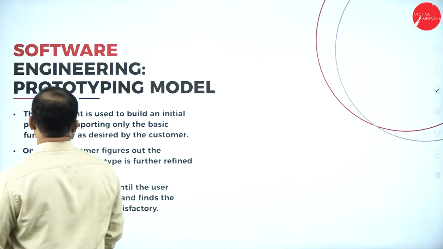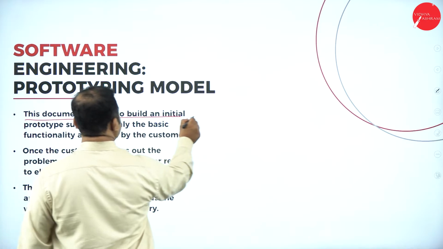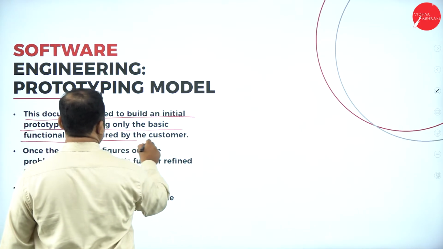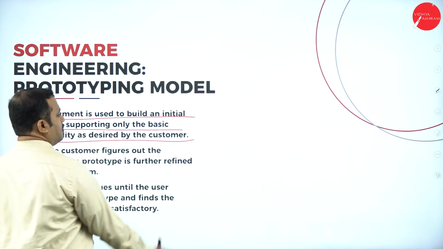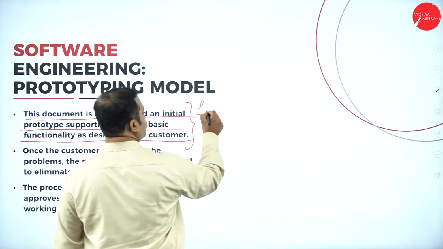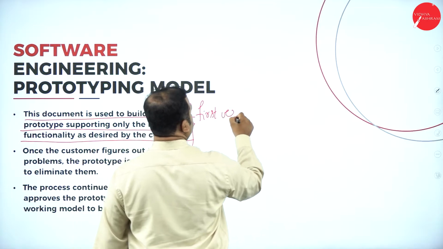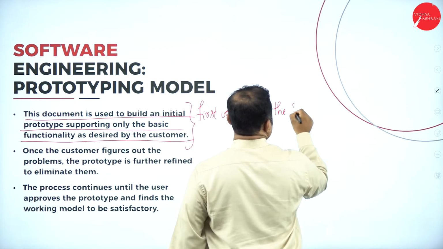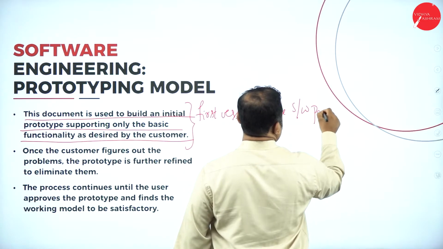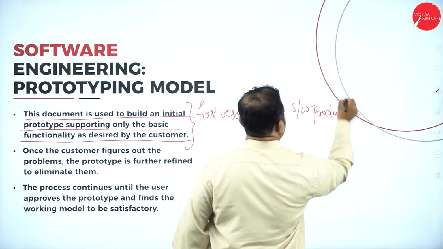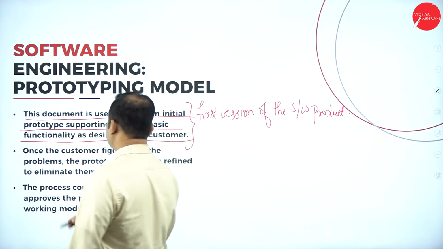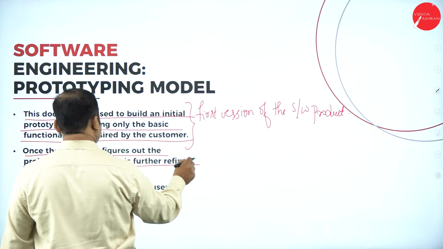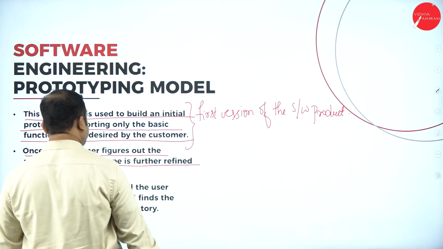So if that is the case, this document is used to build an initial prototype supporting only the basic functionality as desired by the customer. That is for the first version of the software development. The first version of the software product is developed with the help of this. So once the customer figures out the problems, the prototype is further refined to eliminate them.